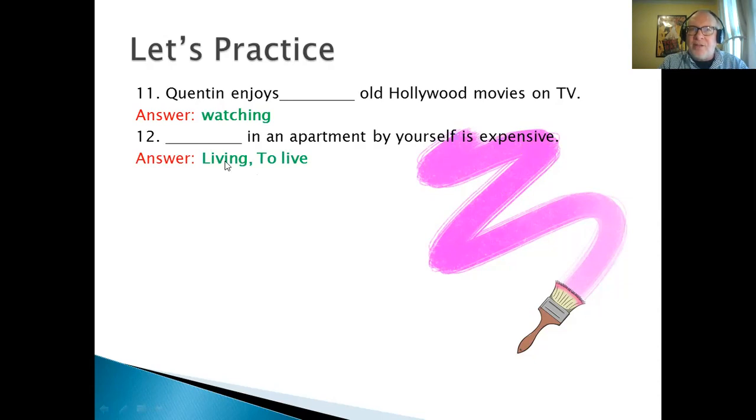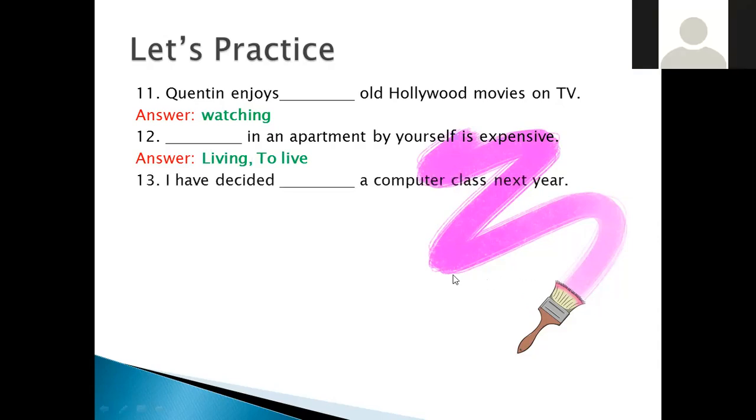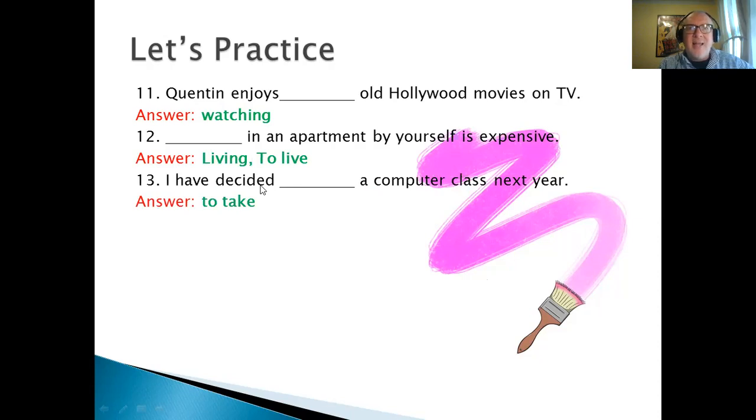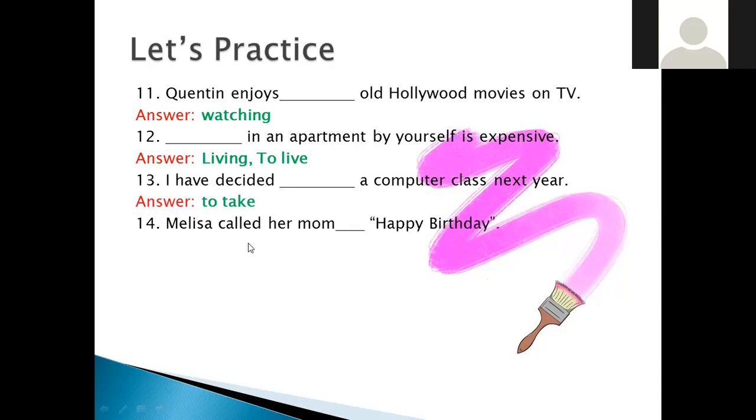Gerund is most popular. Infinitive is very formal English. But both are okay. All right. I have decided ___ a computer class next year. To take. Very good. Infinitive with decide. Decide plus infinitive. Melissa called her mom ___ happy birthday.